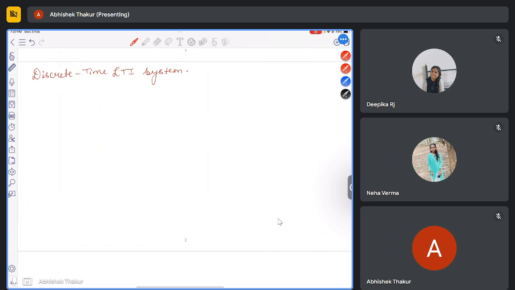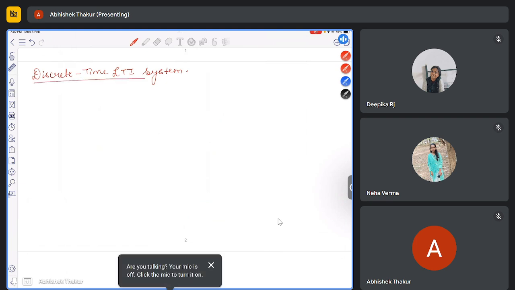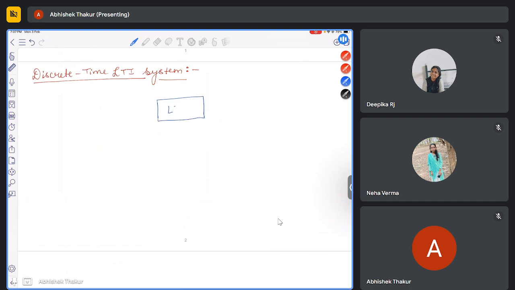So let's start the lecture series now. Let's suppose this is our LTI system. An LTI system should be linear and time invariant.